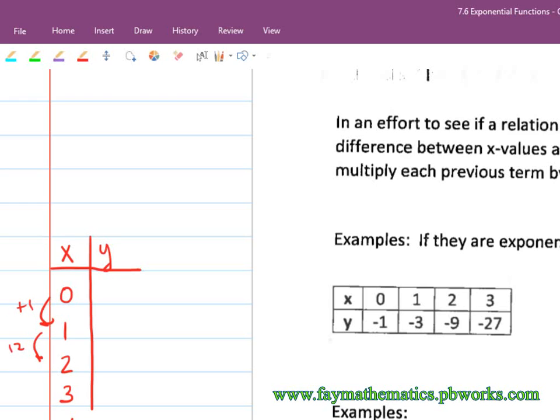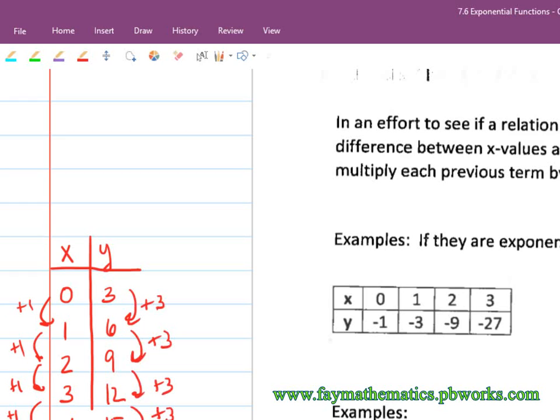So it'd be +1, +1, +1. Okay, and if I said, let's say that this was like a 3, let's go 6, 9, 12, 15. These are now all increasing by the same +3.